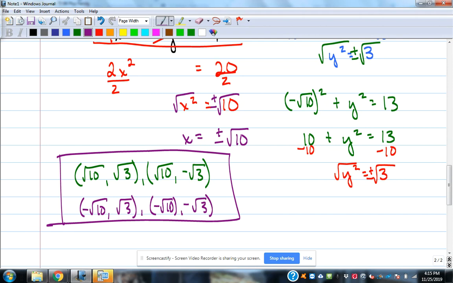And kind of thinking where we're at with this and what we're doing with it, we're taking multiple choice quizzes. The idea is, those ordered pairs, if we plug them back into both equations there, they should work in both of them. All 4 of them do for this one.